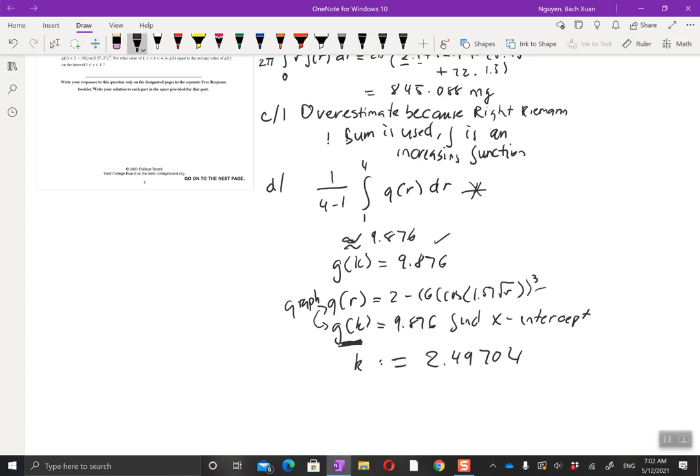We are going to graph these two equations in the calculator and find the intersection, which is going to be our k value. And when I finish graphing it, the k value is 2.49706. Yep, and that's how we do it.